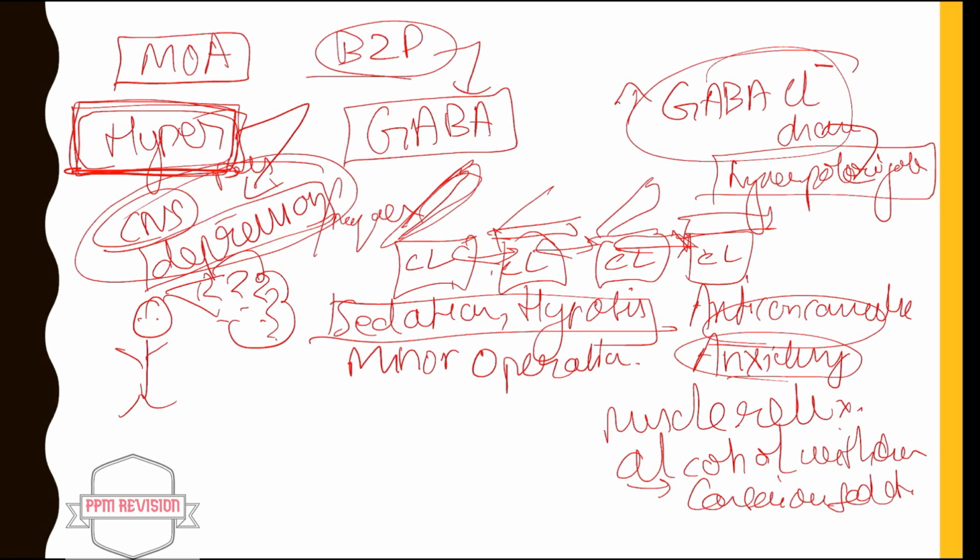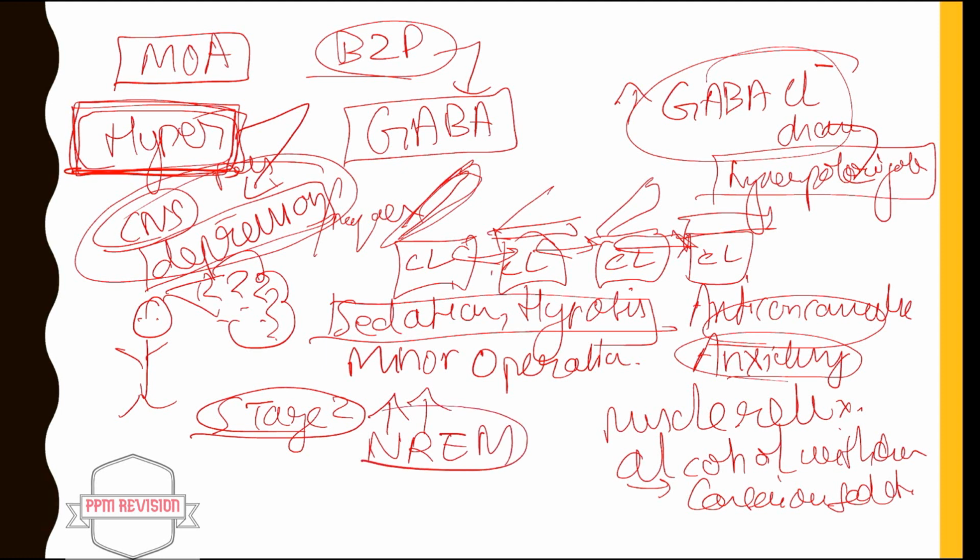So in case of the NREM sleep, all stages are shortened and stage 2 is prolonged. So this needs to be known, that all stages of NREM sleep are shortened, whereas stage 2 is being prolonged. Okay, this is of the NREM sleep, right?